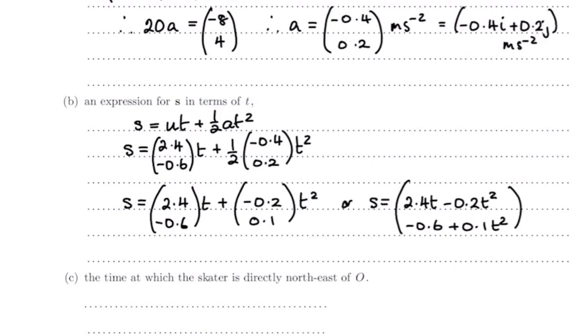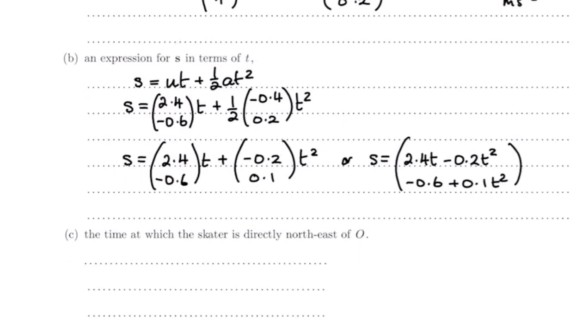You can also write it in i's and j's if you want to. s would equal (2.4t minus 0.2t squared) i plus (-0.6t plus 0.1t squared) j. Completely up to you how you write it.